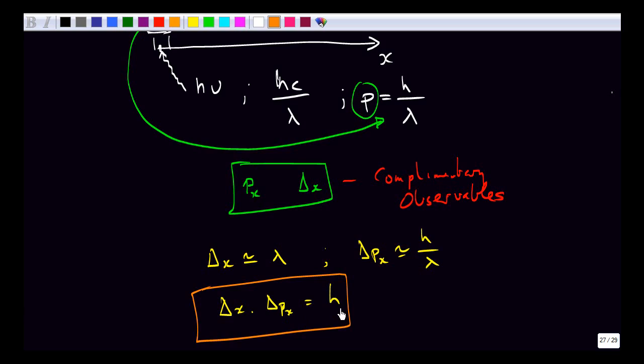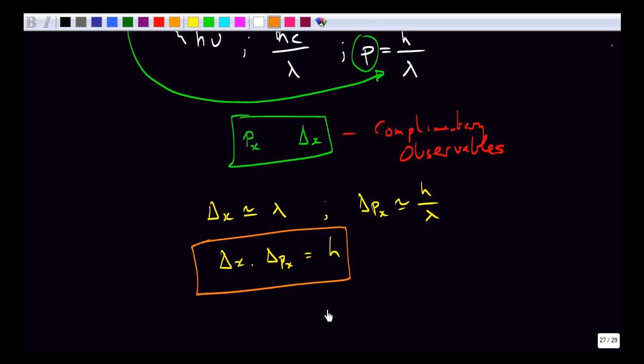But it's approximately equal to h, and this is a fundamental law of nature. It's got nothing to do with the measuring device we're using, or how precisely we can measure. Even if we had a measuring device that could measure exactly the momentum and the position, you're always limited by this value here.